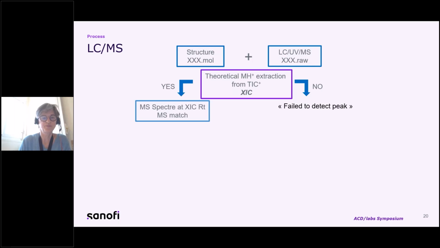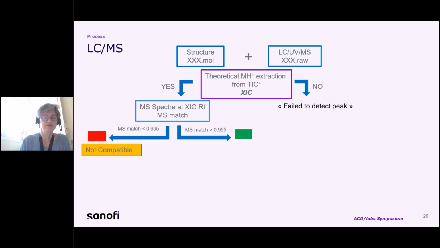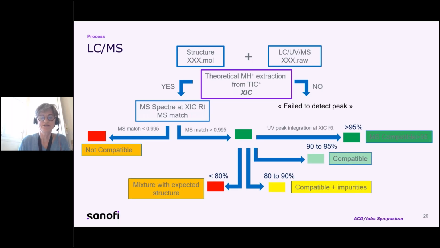If the system sees a peak, it extracts an MS spectrum at the XIC retention time and calculates a match factor on this mass spectrum. If the match factor is less than 0.995, the structure is declared not compatible with the mass spectrum. If the match factor is more than 0.995, the structure is compatible, and then the system integrates the UV peak at the same retention time.